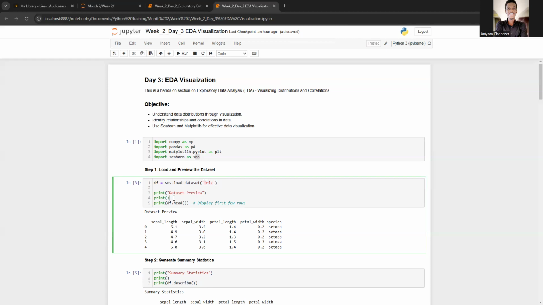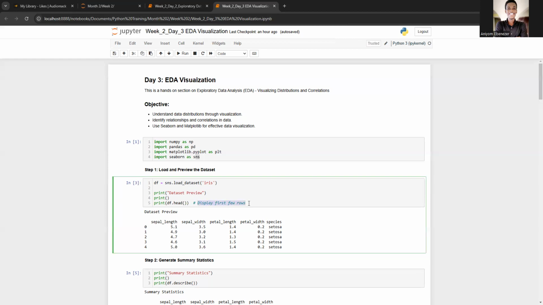And then we're trying to print out, so print data set preview, and then print an empty space. The next one is print df.head. df.head displays the first 5 rows.